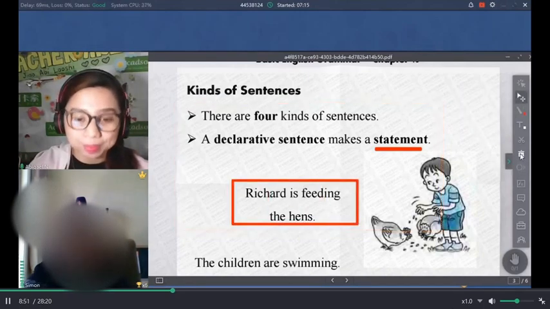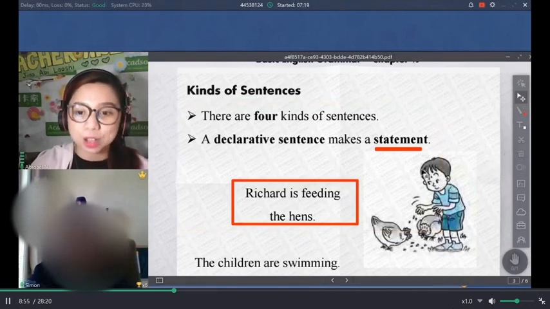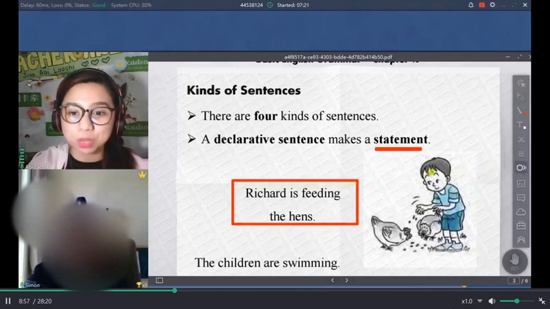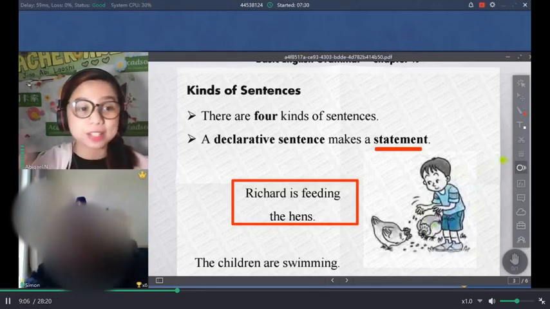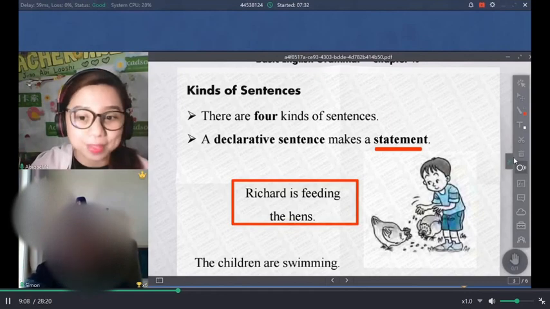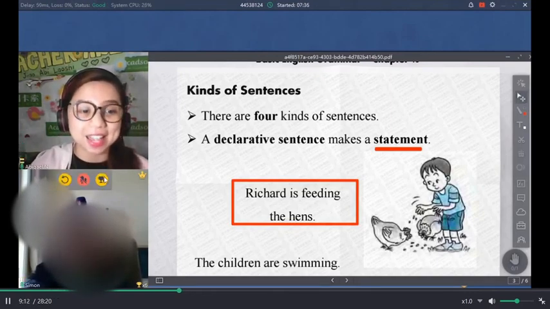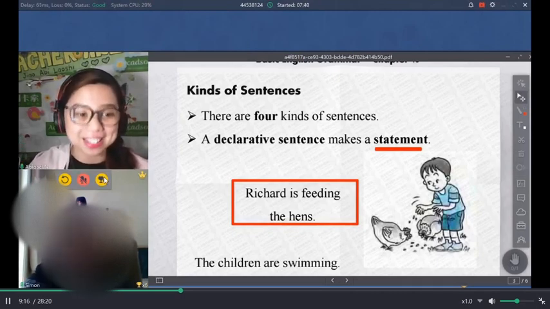Richard is feeding the hens. In this picture, we can see that this is Richard and he is feeding the hens. Hens are female chickens. They can lay eggs.